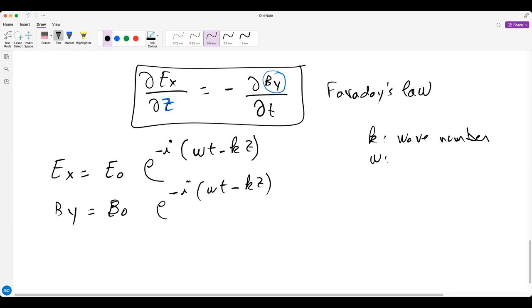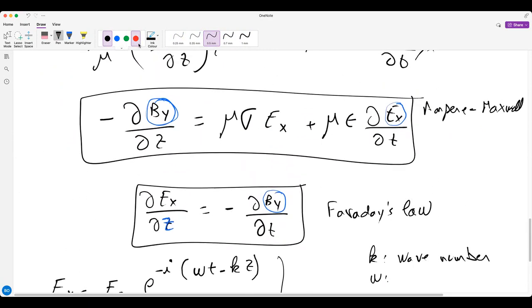Now, what is the next step? The next step is to replace these two into the two equations. I will call them equation 5 and equation 6. So what did we do here? We started with the Maxwell's equations, which gave us the relationship between the electric field and the magnetic field propagating through a medium, a material.